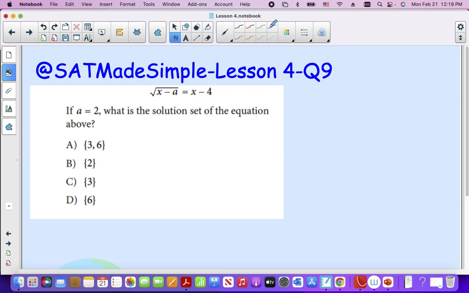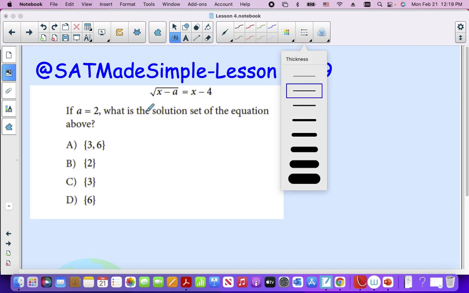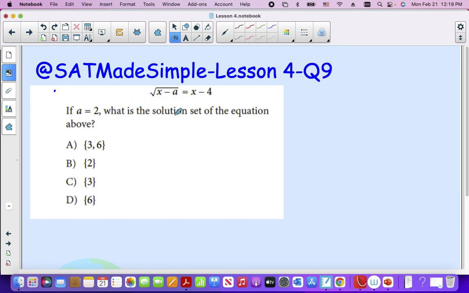In here he tells me to find the value of x, or what is the solution set for this equation. So I substitute a: square root of x minus 2 is equal to x minus 4.